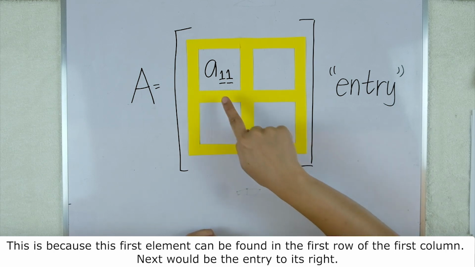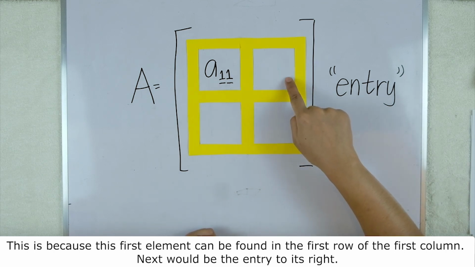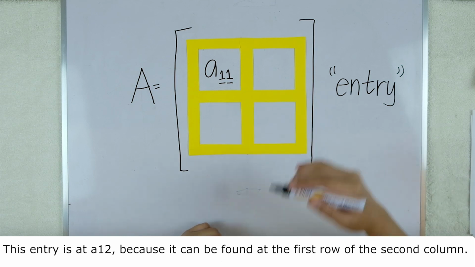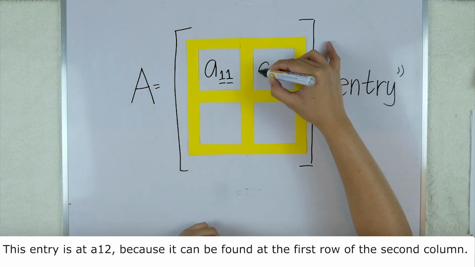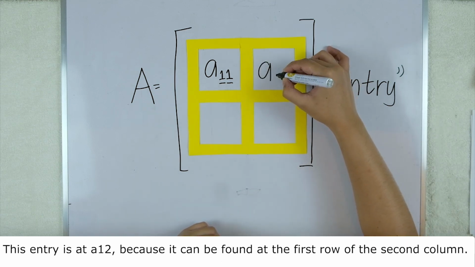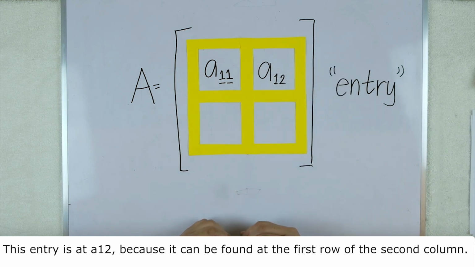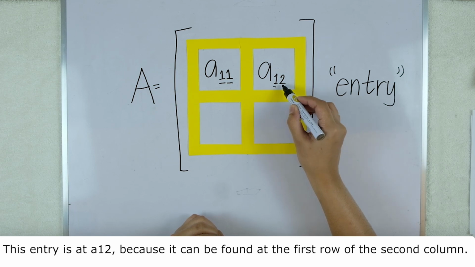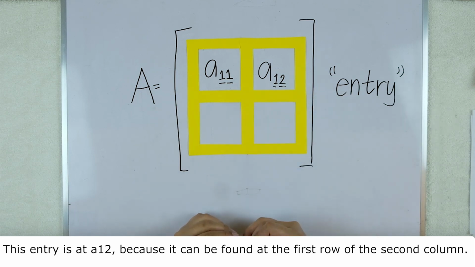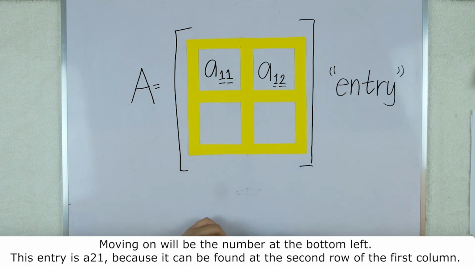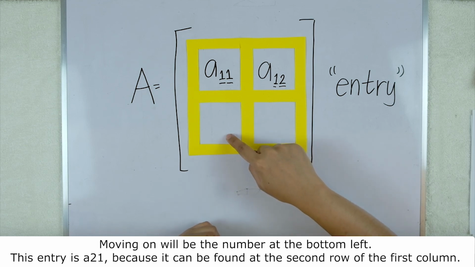Next would be the entry to its right. This is named as A sub 1,2 because it can be found at the first row of the second column. Moving on will be the number at the bottom left.